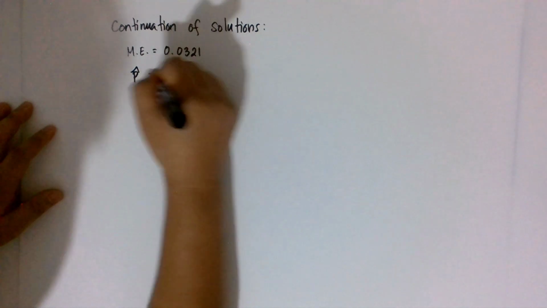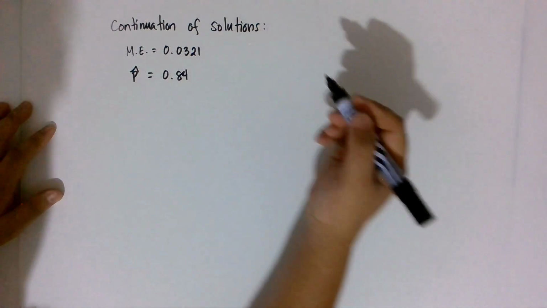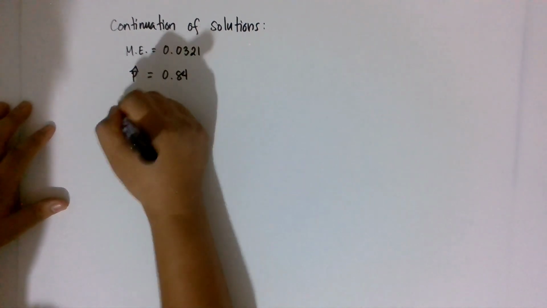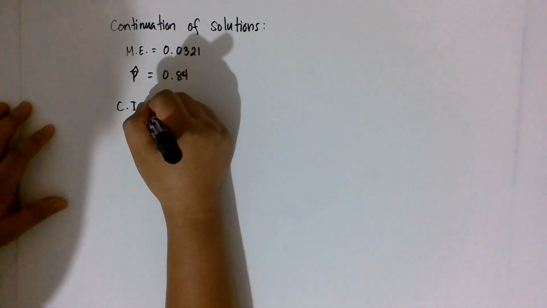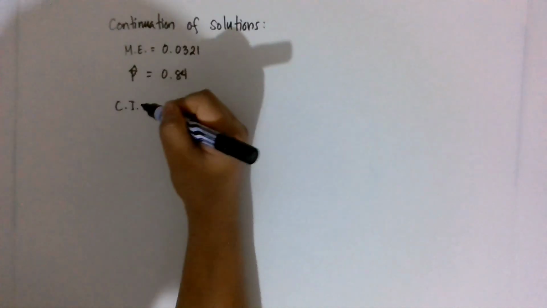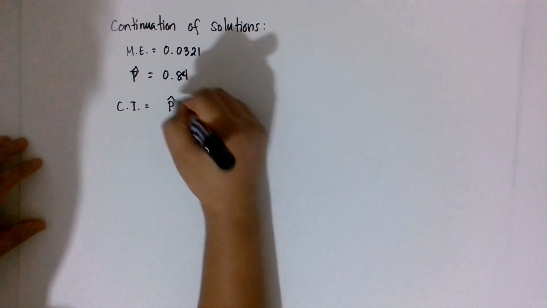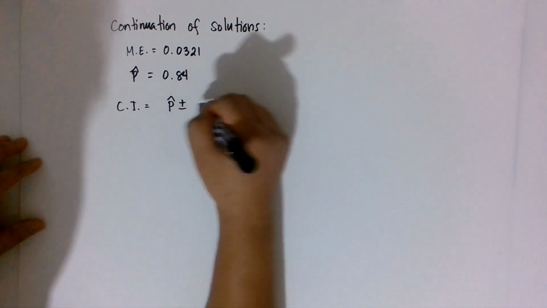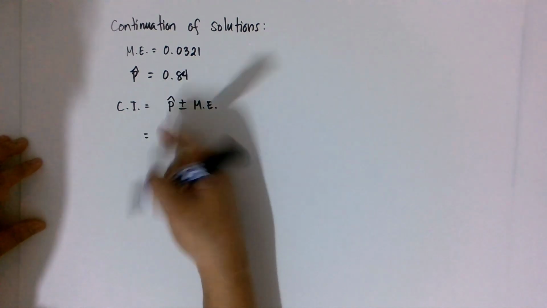Bigyan natin muna natin yung mga given para mabilis. And our P hat is 0.84. Ayan. So, ilan naman yung dalawang value na kailangan natin para makuha yung confidence interval. Alright, so confidence interval is equal to P hat plus and minus margin error. Yan.